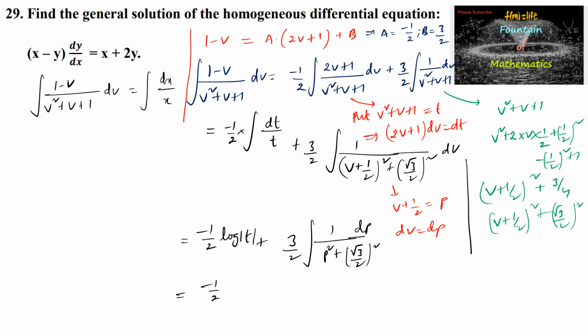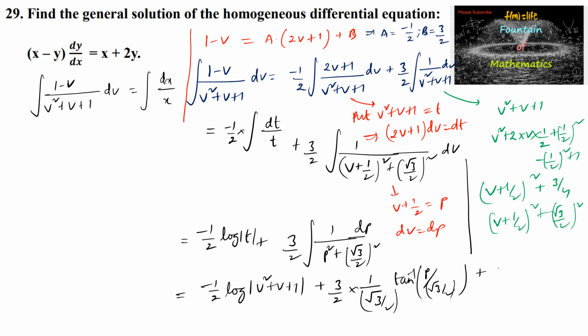So which is equal to minus 1 by 2 log mod t. T value is nothing but here v square plus v plus 1, plus 3 by 2 times of, it is in the form of integral 1 upon x square plus a square, which is 1 upon a tan inverse of x by a, that is p divided by root 3 by 2, plus some constant c.